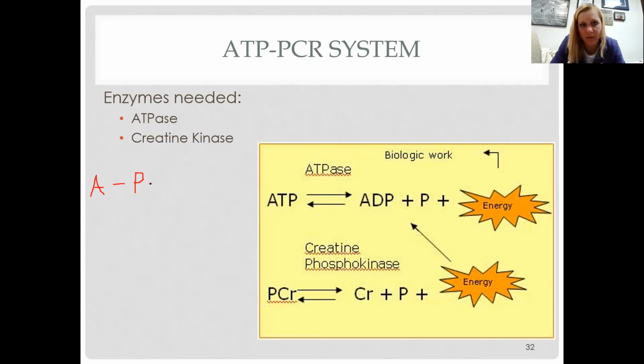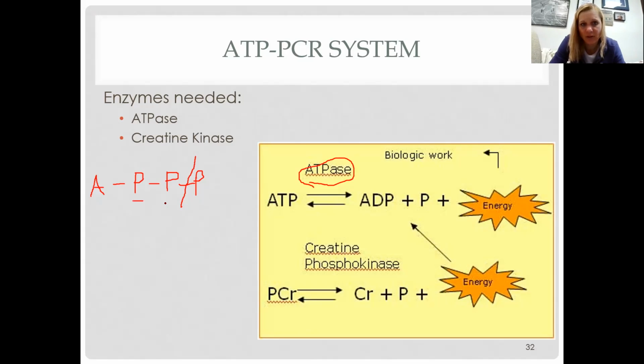So I have 3 bonded molecules. Okay, so in order for me to get energy, I have to cut off one of these phosphates. Okay, so as I nip off this phosphate through the use of the enzyme ATPase, that will create adenosine diphosphate.